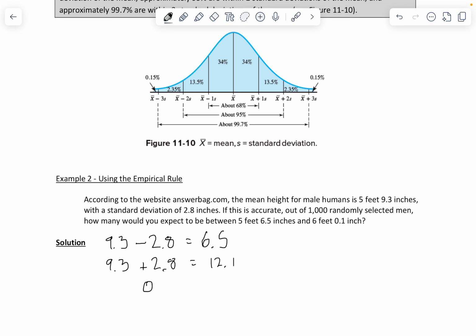As far as an exact number, you would take 68% as a decimal and multiply it by 1,000, which is about 680. Okay. So you would expect about 680 of the 1,000 randomly selected men to have heights between 5 feet 6.5 inches and 6 feet 0.1 inches. And that's because this represents the data that is within 1 standard deviation of the mean.